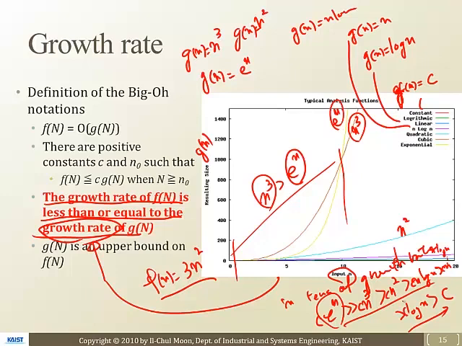If this Fn is 3n squared, a quadratic function, its growth rate matches this case. It's safe to say its worst case is c of exponential n, or c of n cubed.